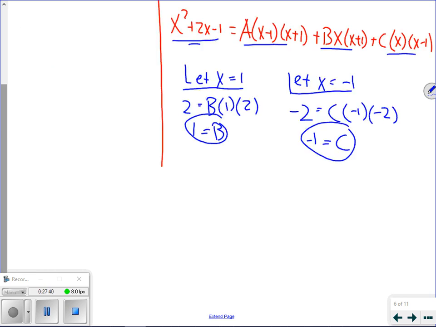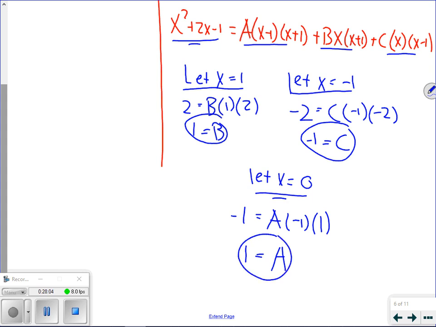What's my last one I can do? What if I let x equal 0? On the left side I have negative 1. On the right side, my B term and my C term go away, and I'm left with A times negative 1 times positive 1. So A equals 1.